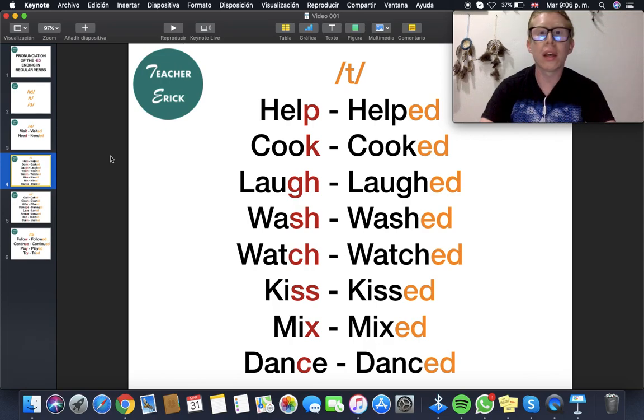Kiss, kissed. Mix, mixed. Dance, danced. So every time that you have verbs and you realize that they have the endings that we marked there in red, you pronounce the ed like t.